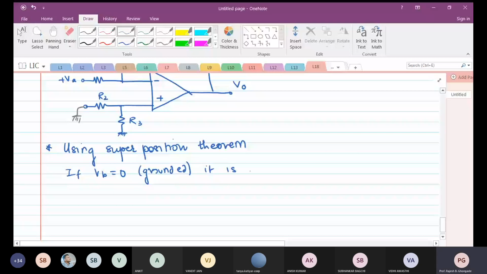What is this amplifier configuration? Forget about this non-inverting input. This is all grounded, so no issues with that. Which is this amplifier? Come on, guys. Don't you see it is a simple inverting amplifier?